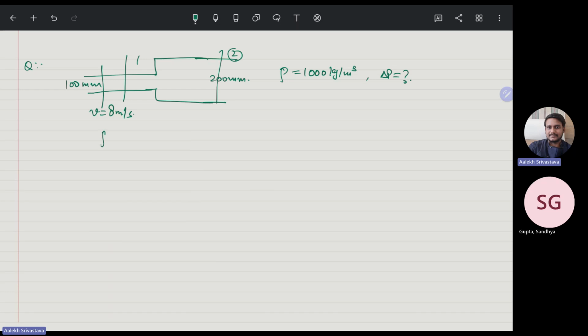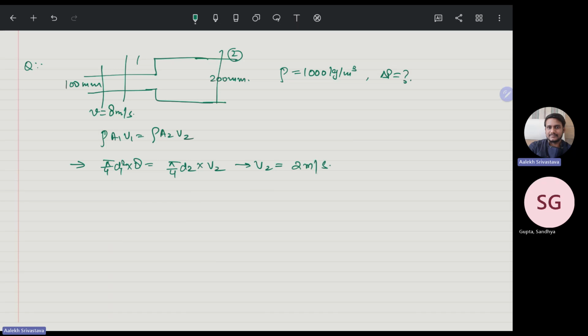Applying the continuity equation, rho A1 V1 equals rho A2 V2. For incompressible flow, rho can be cancelled out, so A1 V1 equals A2 V2. Area is pi by 4 d square, so d1 square into V1 equals d2 square into V2, that is 100 into 8. So V2 can be obtained as 2 meter per second.